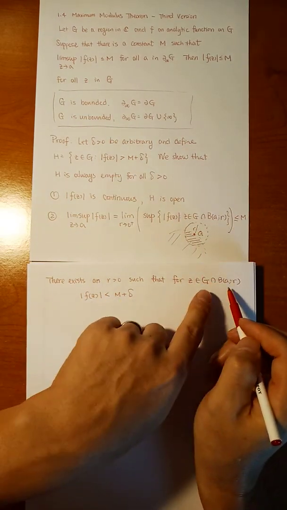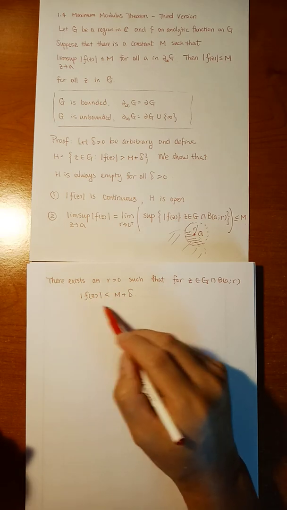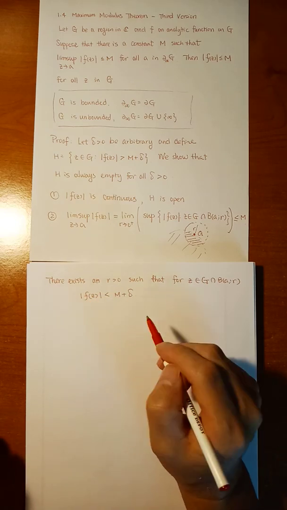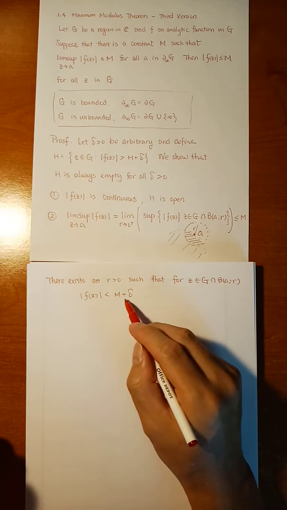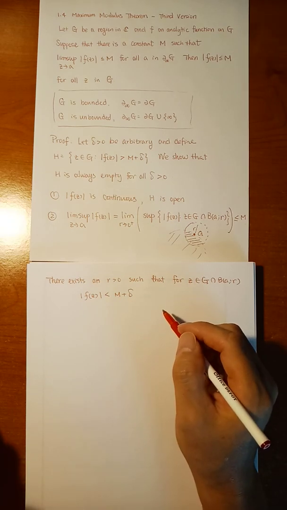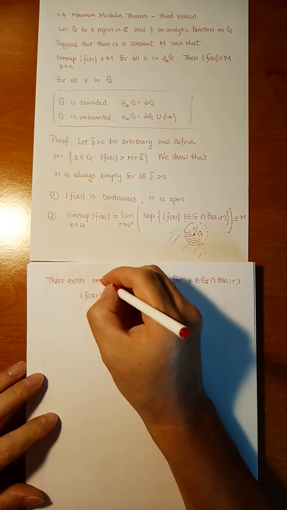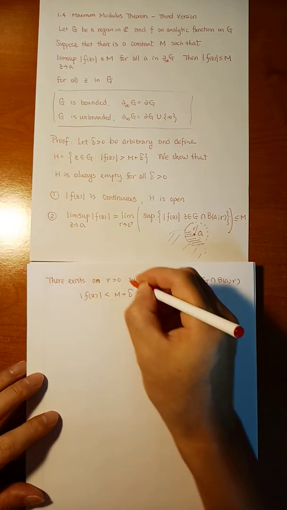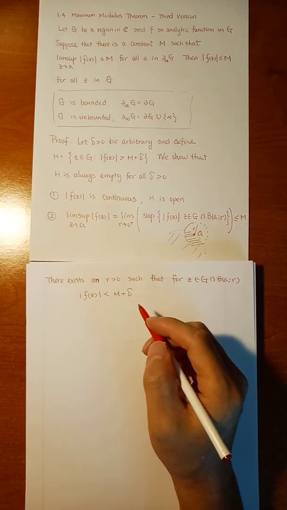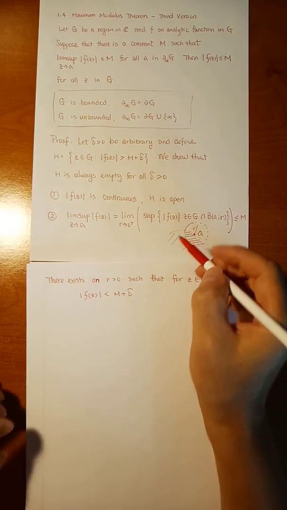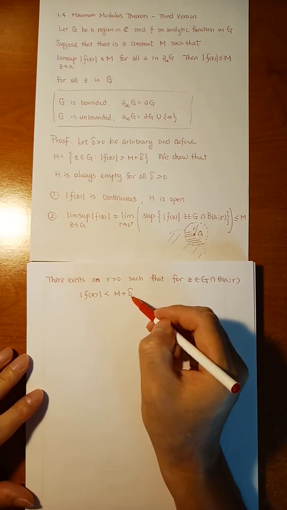So inside this open set, all the elements have the absolute value of f of z less than M plus delta. For every delta you can find such an r with this property. So in this neighborhood, it's less than M plus delta.